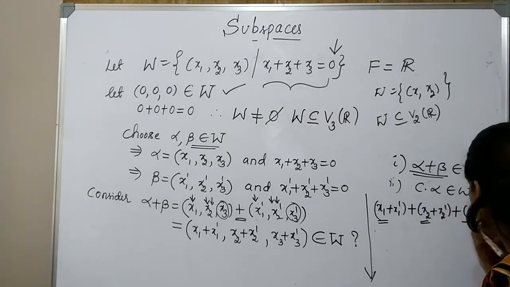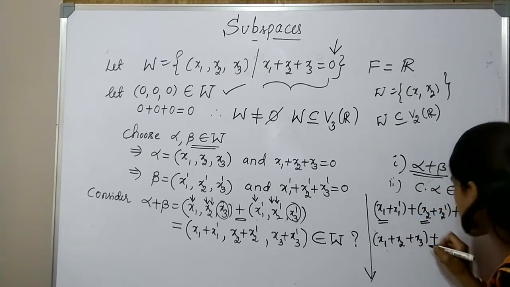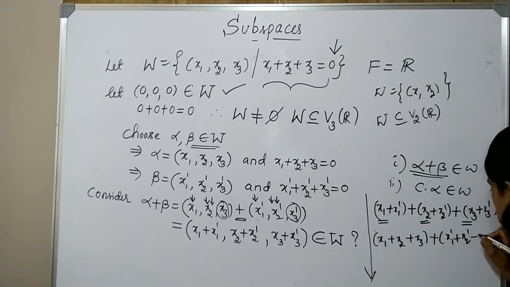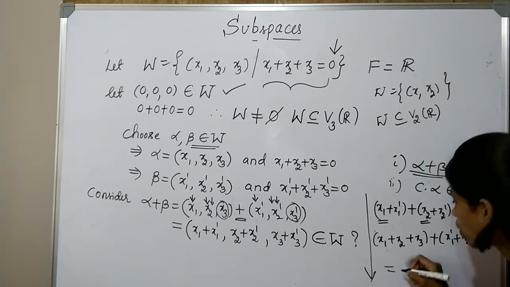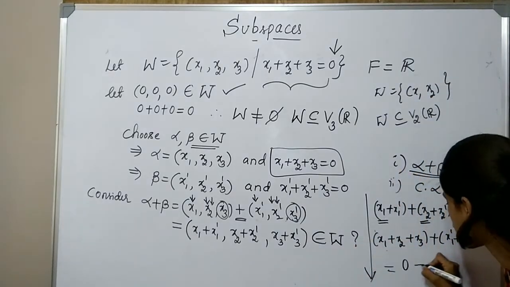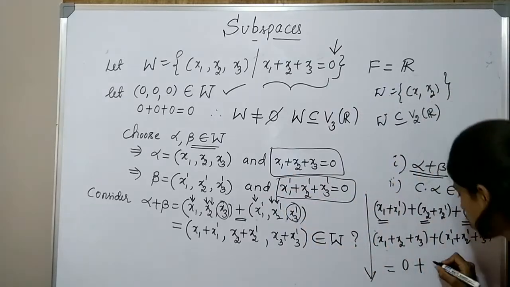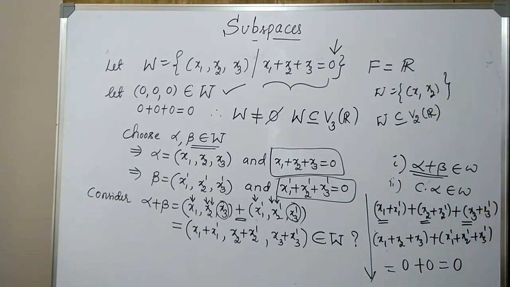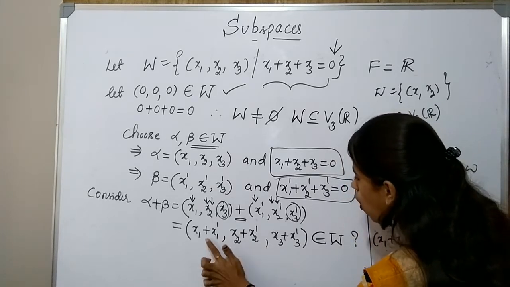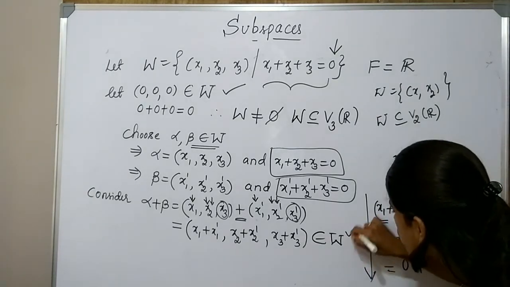Taking x1, x2, x3 on one side, that is x1 plus x2 plus x3, and the remaining x1' plus x2' plus x3'. The first is 0, and the second is also 0. What is 0 plus 0? Clearly 0. So this element looks like a triplet and the coordinate sum is 0. Therefore it clearly belongs to W.